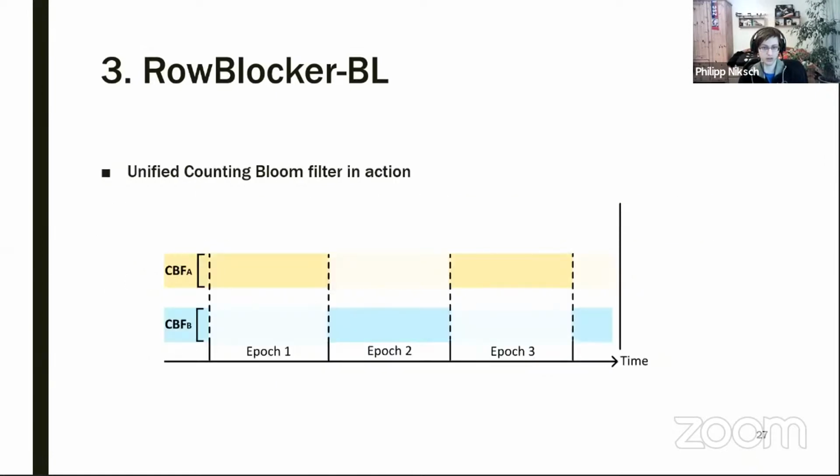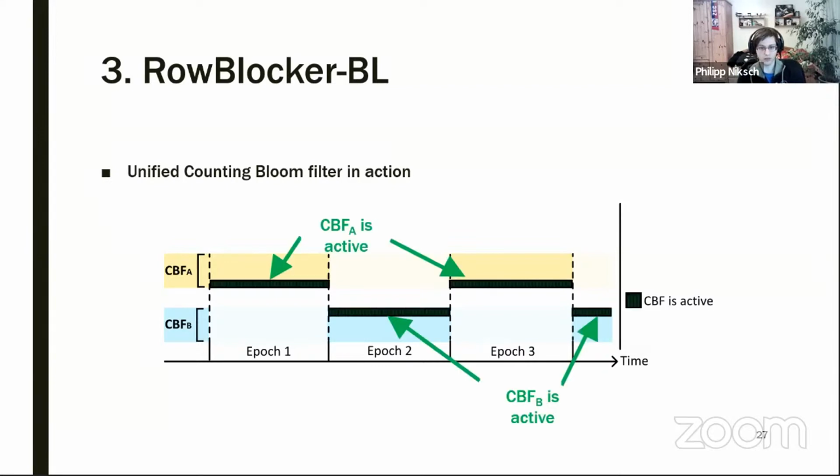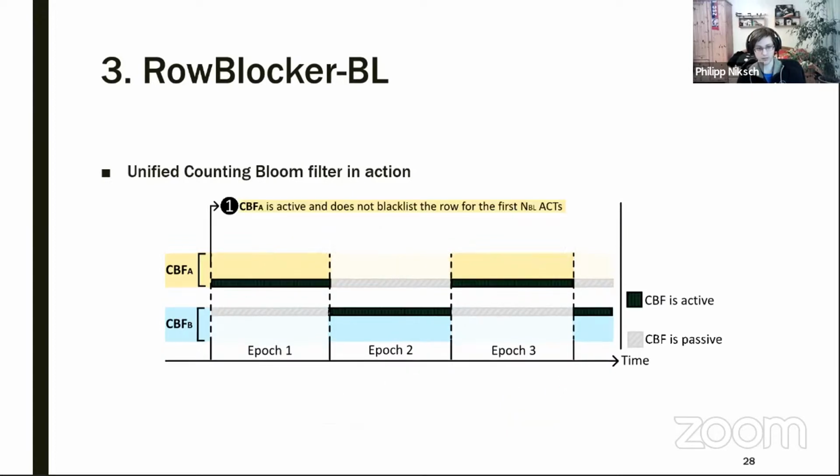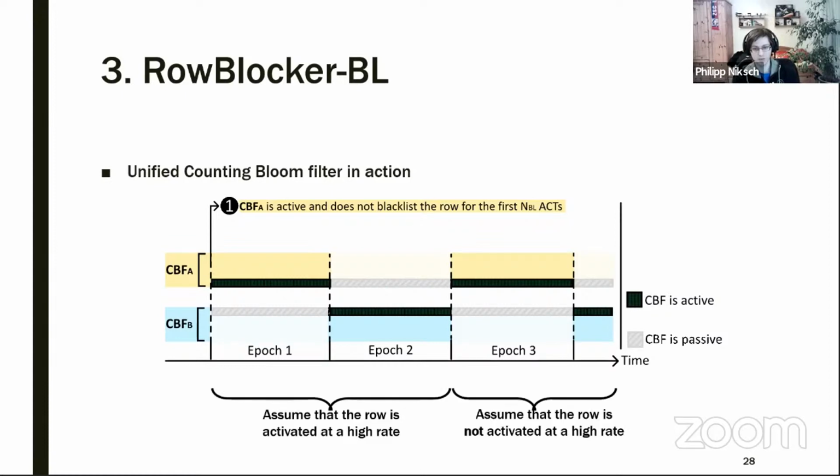Let's see how 2 counting Bloom filters, here called CBFA and CBFB, work together. The green bar shows that the corresponding filter is active in a given epoch. The other filter is passive. Let's assume that a row is activated rapidly at the beginning, and it stops being activated after 2 epochs.